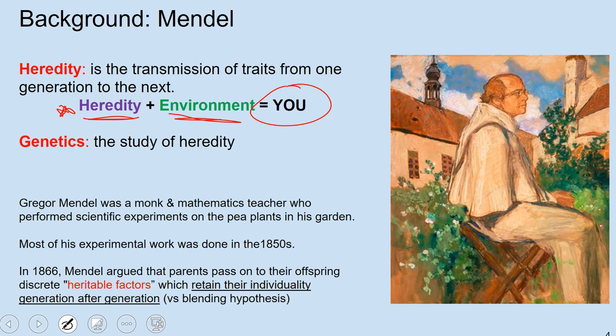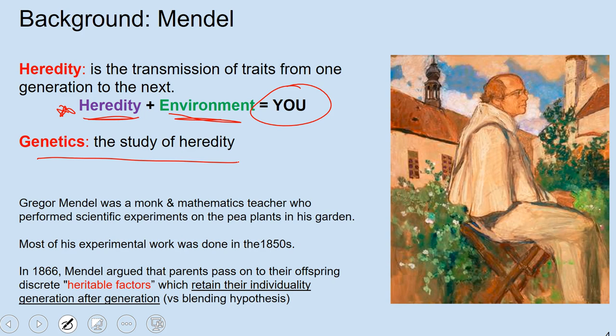Genetics has grown up as the study of heredity and how traits are passed on. This idea was originally put together quite a long time ago, before we even knew what DNA was. Gregor Mendel discovered this by breeding pea plants in the garden of the monastery, because he was a monk back in the 1850s.